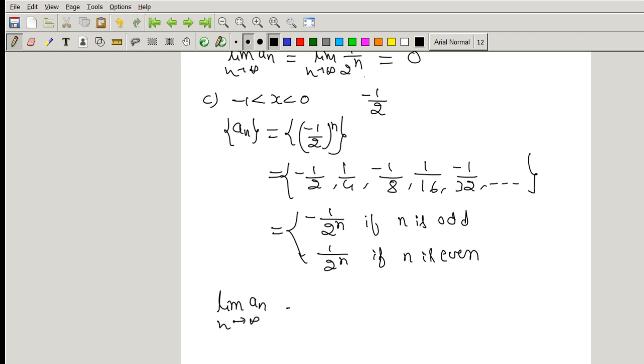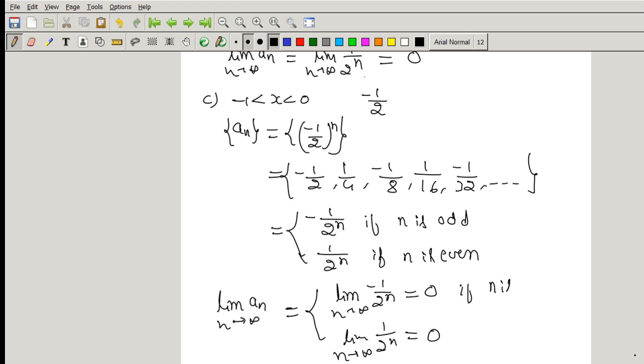The limit of minus 1 by 2 power n as n tends to infinity, and the limit of 1 by 2 power n as n tends to infinity: minus 1 by infinity is 0 if n is odd, and 1 by infinity is 0 if n is even.